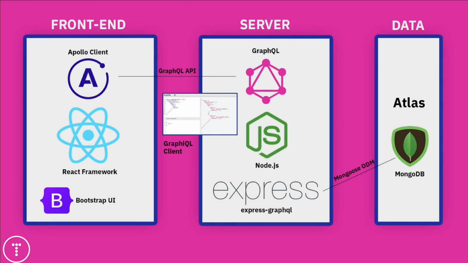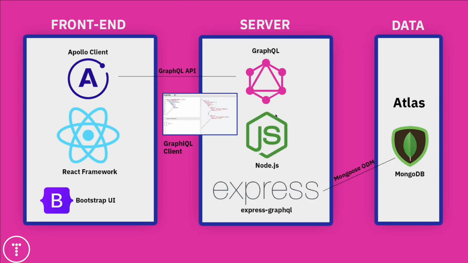So this is just an overall look at the stack that we'll be using. I know it looks like a lot. Try not to let it intimidate you, but it's really not too bad. So the server is where we'll be starting, and we'll be creating just an Express server, initialize Express. We're going to listen on a certain port, and we're going to first of all just deal with data in a JavaScript file before we get to the database, just so I can show you how to set up GraphQL.